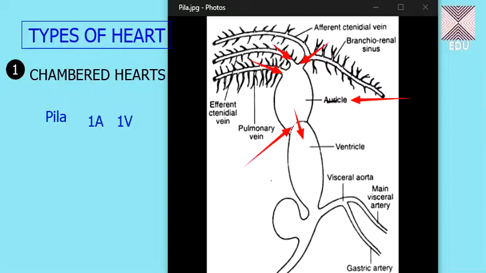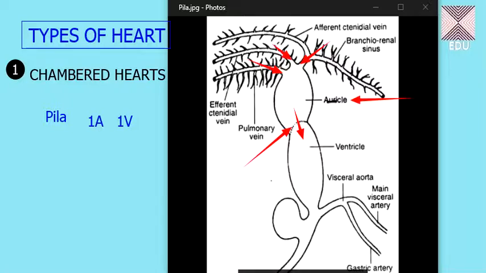The ventricle of pila is an ovoidal sac-like structure, and it is lying below the level of the auricle. Its wall is thick, somewhat spongy, and muscular also. So the lower end of the ventricle gives rise to a large artery which is called the aortic trunk.